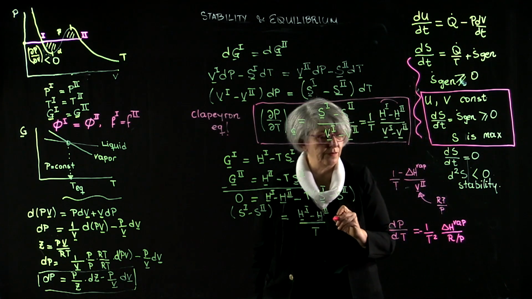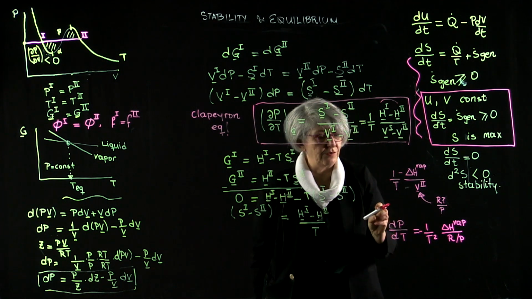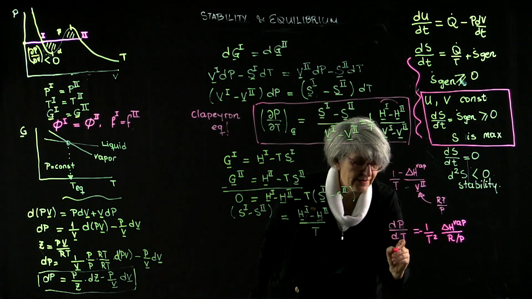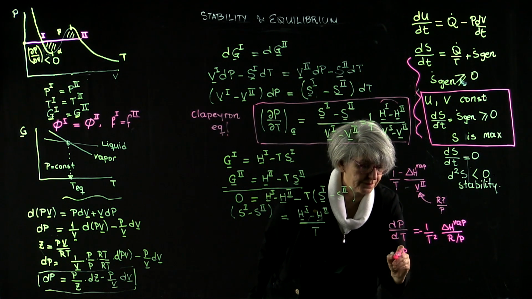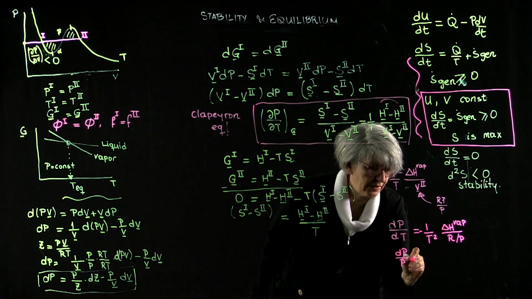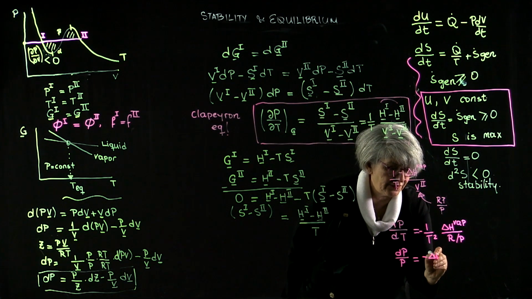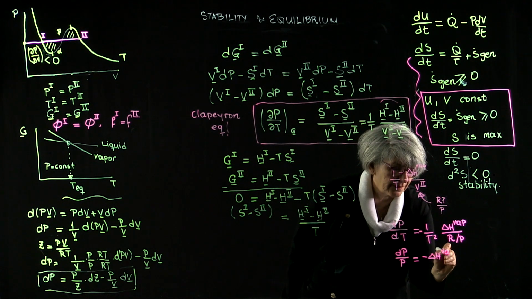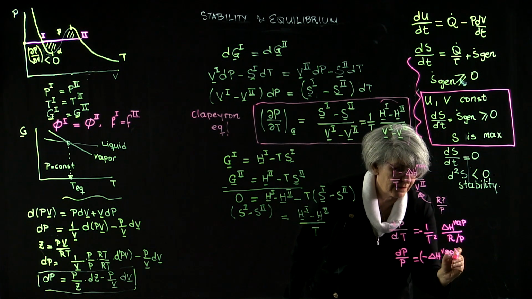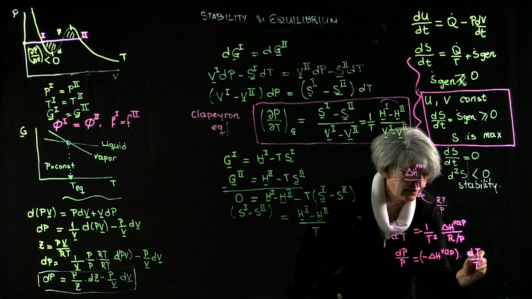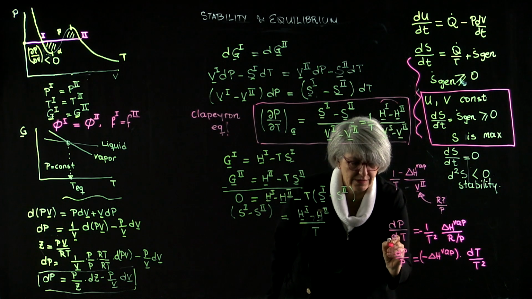I'm going to group pressure terms and temperature terms together. I will have dP over P equal to minus delta H vaporization dT over T squared on the side.